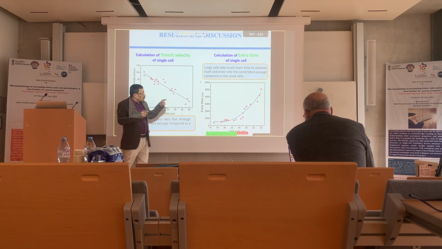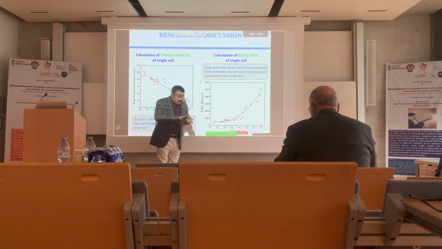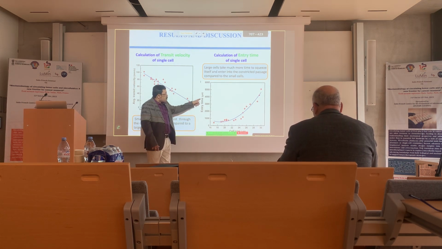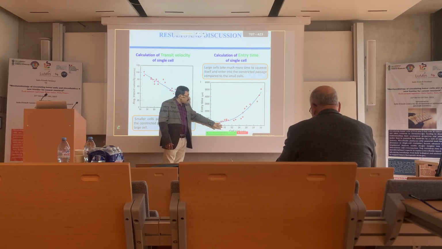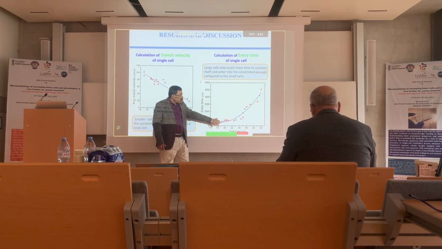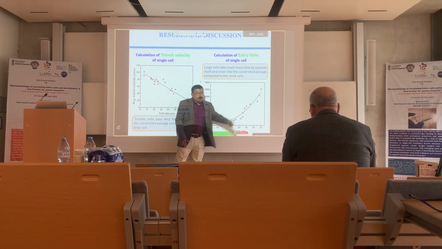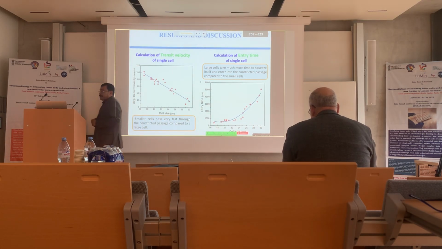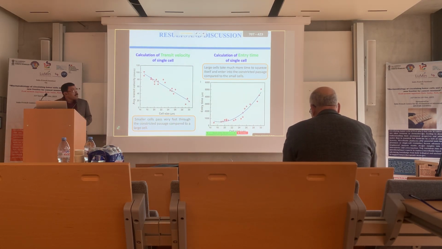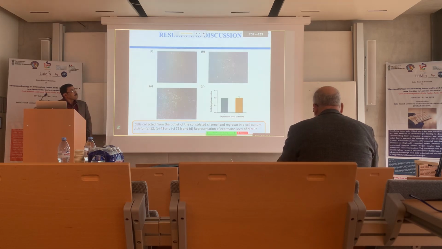When it is entering the constricted passage, we also calculate the entry time. For a smaller cell size, entry time is very short, but for a bigger dimension it takes a higher time to enter the constricted passage.